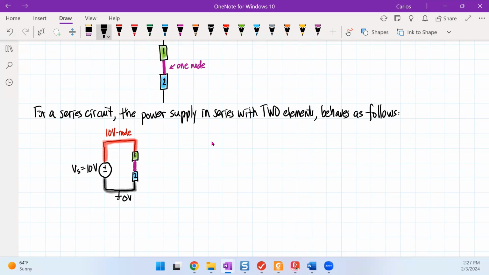So now if I go into my incline form, what I see here is that I have a 10-volt incline. So if I draw this, then I start to look at what are the charges doing here.